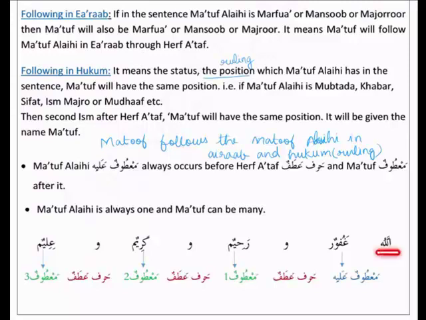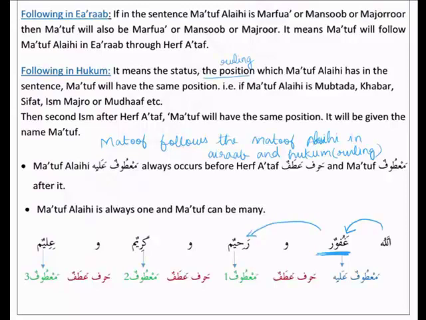Now, Allahu is the mubtada. The mubtada needs the khabar, right? So what is the khabar that you're giving? What is the information that you're giving about Allah subhanahu wa ta'ala? That He is Ghafoor. This is the information. Does the news that you're giving about Allah subhanahu wa ta'ala stop here? No, it is proceeding here, isn't it?